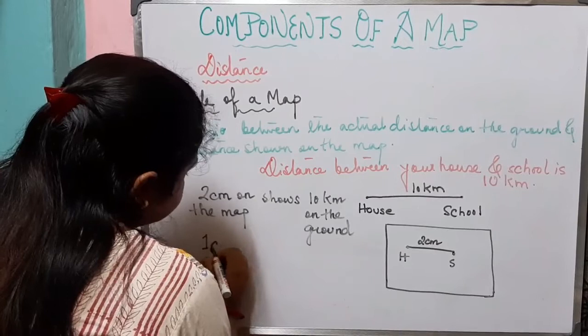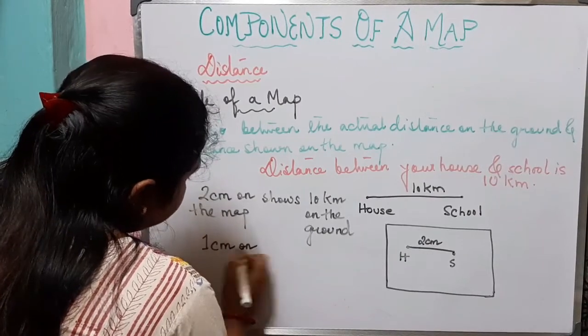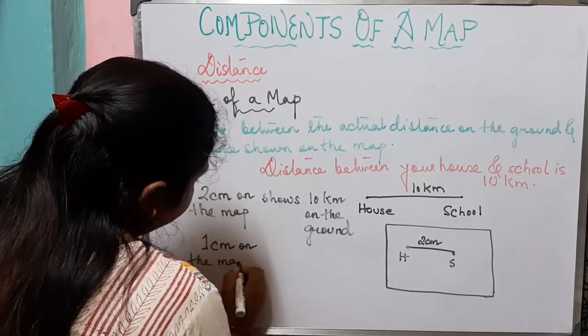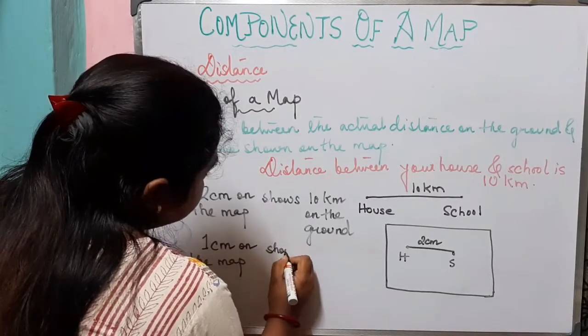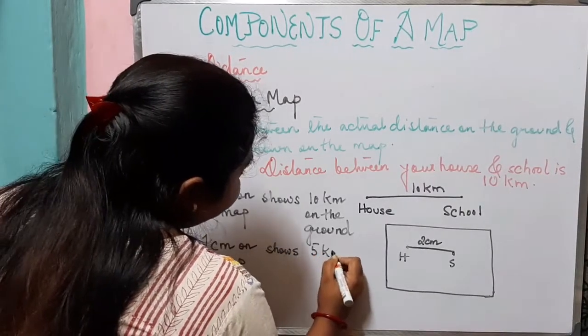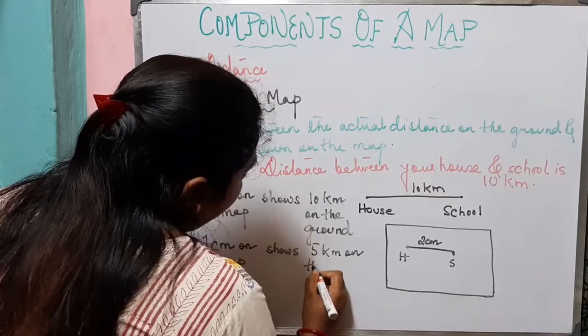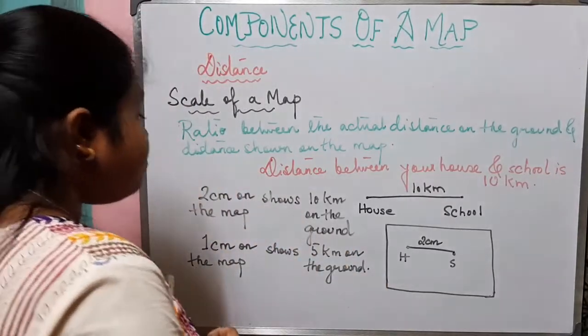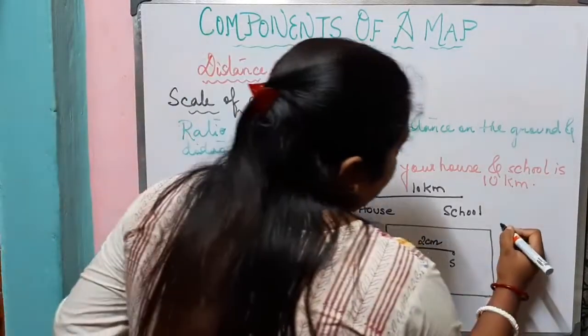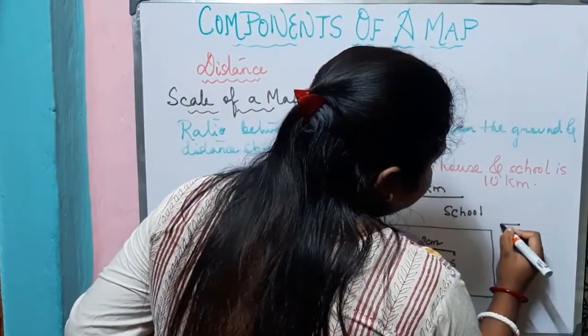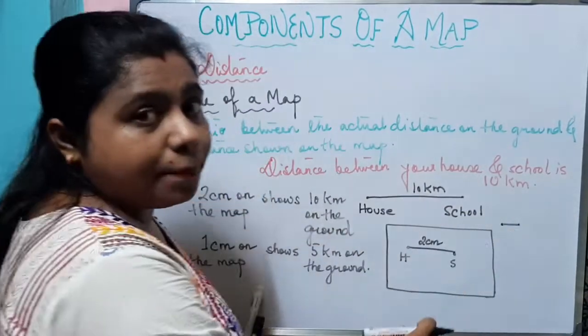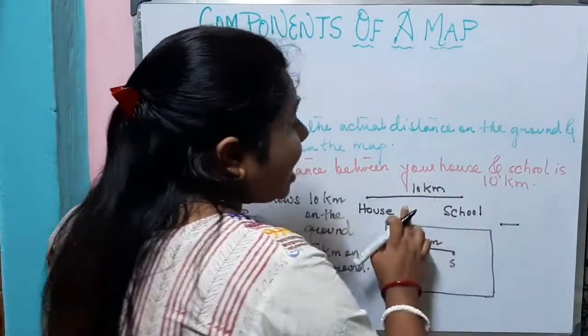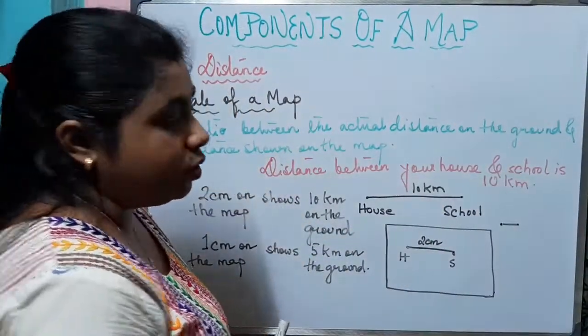Then we can say 1 centimeter on the map shows 5 kilometers on the ground. That means every centimeter on the map shows 5 kilometers on the ground.